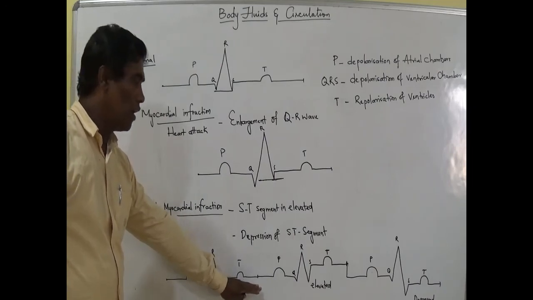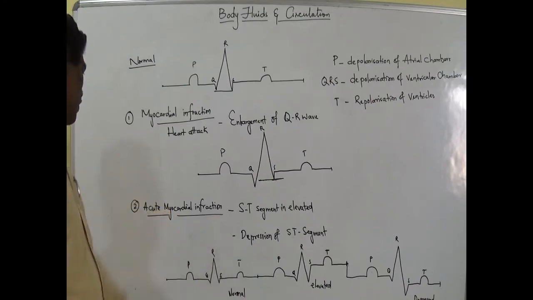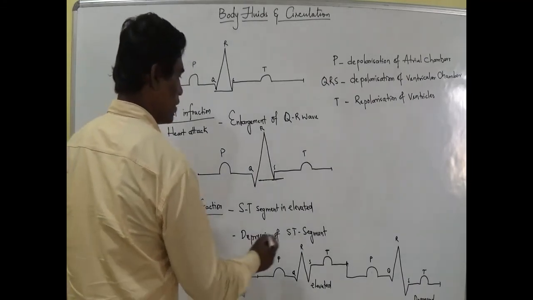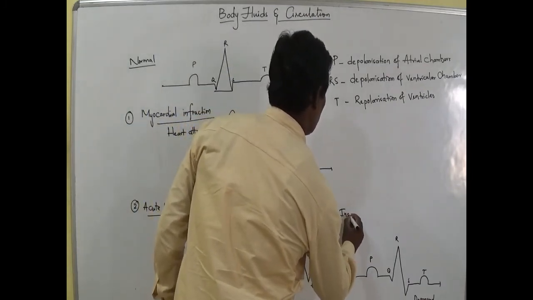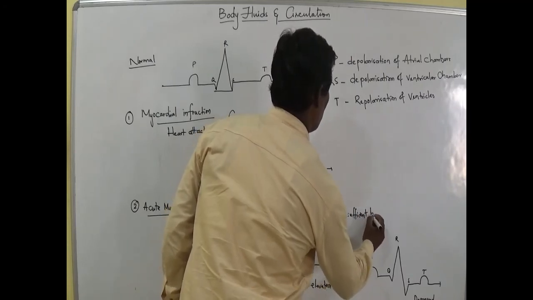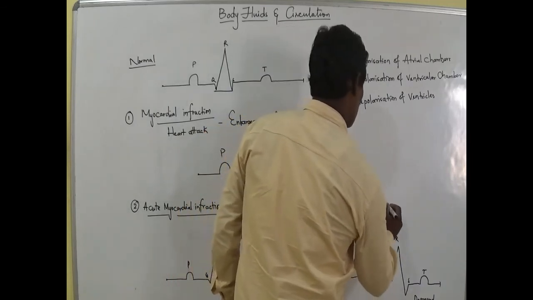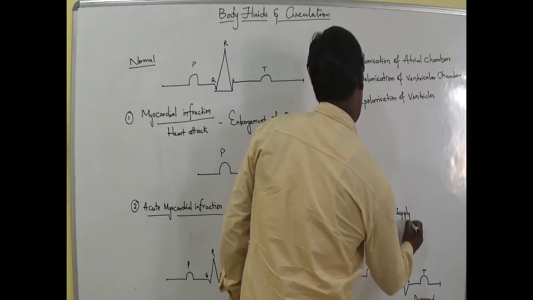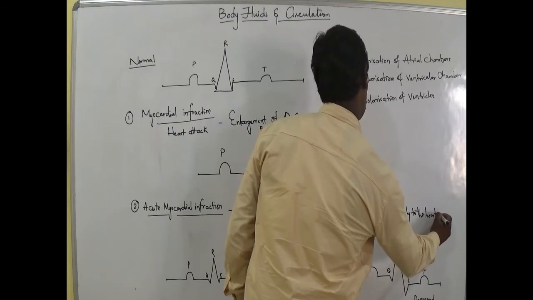So such an electrocardiogram or graph talks about acute myocardial infarction, and this occurs due to insufficient blood supply or oxygen supply to the heart muscles.